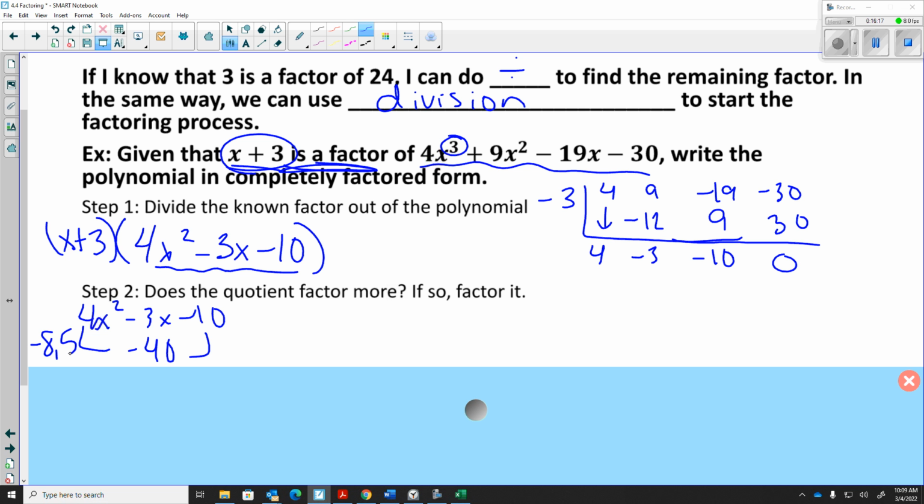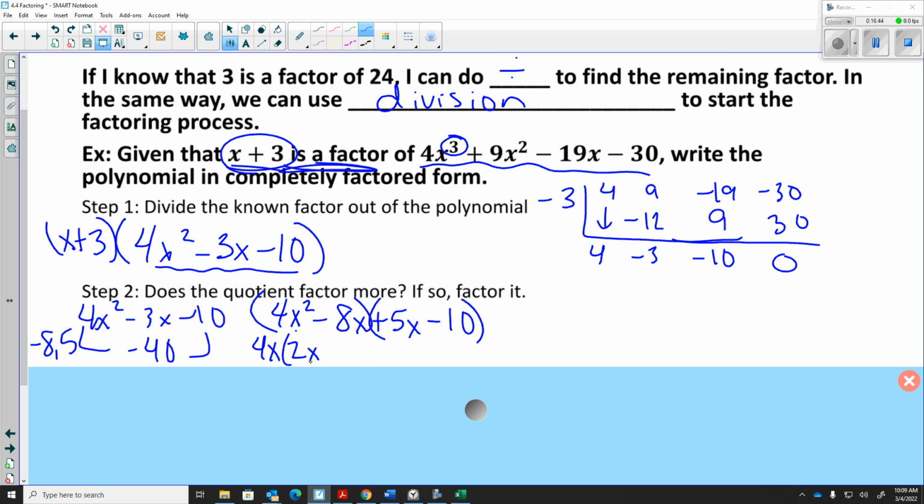So I got to do 4x squared minus 8x plus 5x minus 10. And then I do my grouping. Group it up. What can you take out of the first half? Take out 4x, x minus 2.